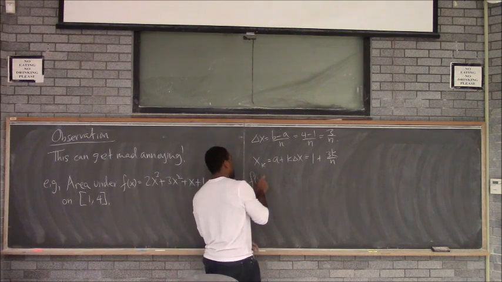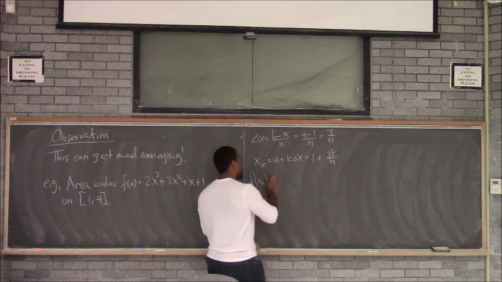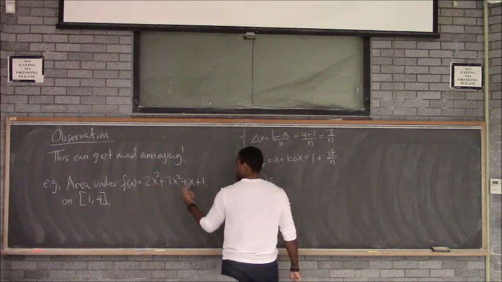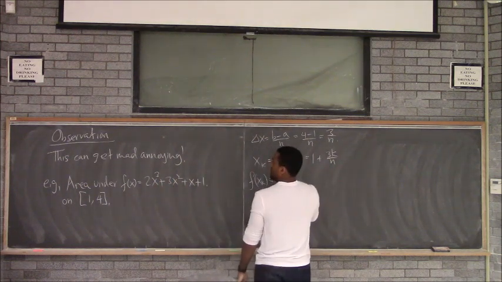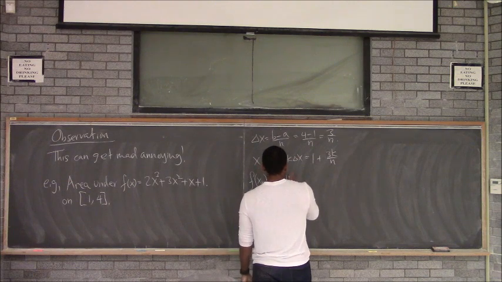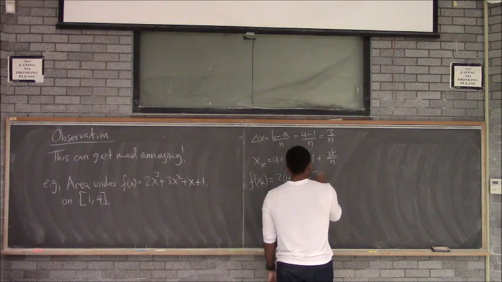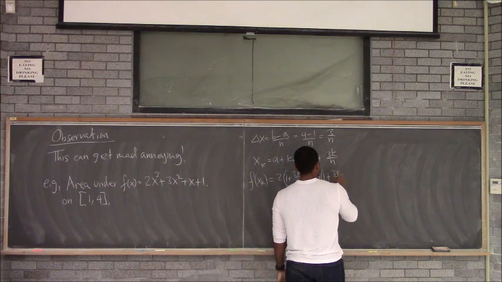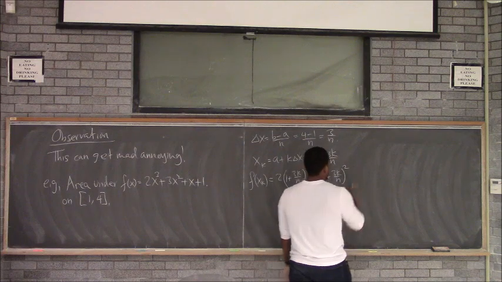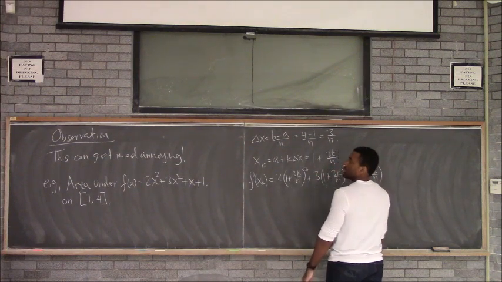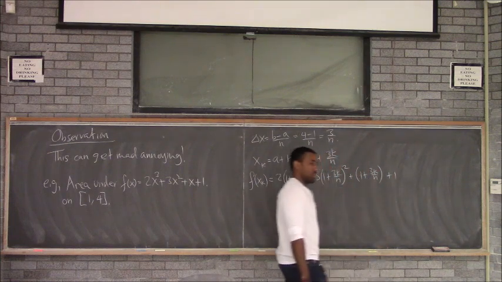Then you have to find your f of xk, which is going to be, well, you're going to take this and plug it into every x here. That's going to be 2 times (1 plus 3k over n) cubed plus 3 times (1 plus 3k over n) squared plus (1 plus 3k over n) plus 1.